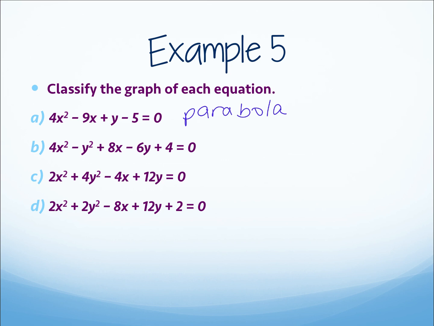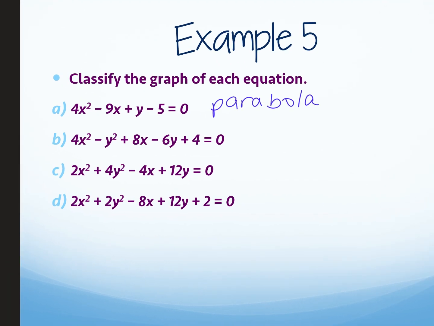But if you do memorize what it says, what is your A term and what is your C term in letter B? Tell me what A is. This is A, correct? You guys agree? And this is your C term, whatever's with the x squared and the y squared. Do you guys understand that?